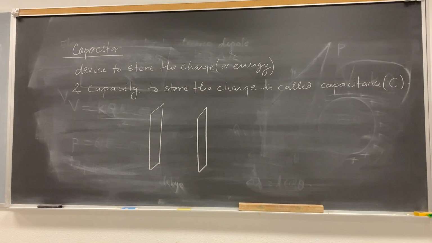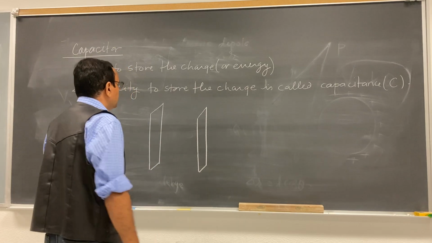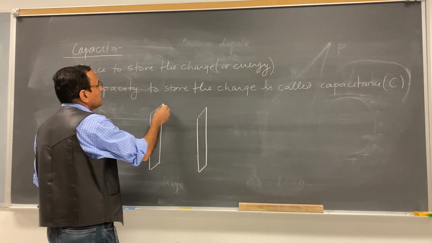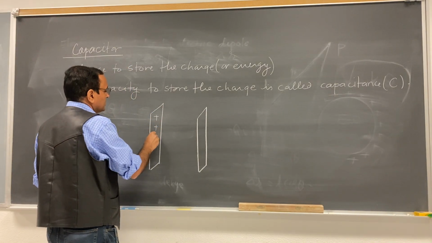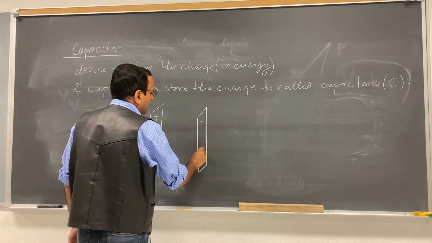Let us suppose we have a parallel plate capacitor, or any capacitor. The charge on this plate is positive, and on this is negative.